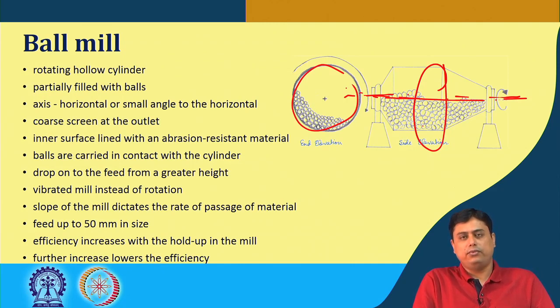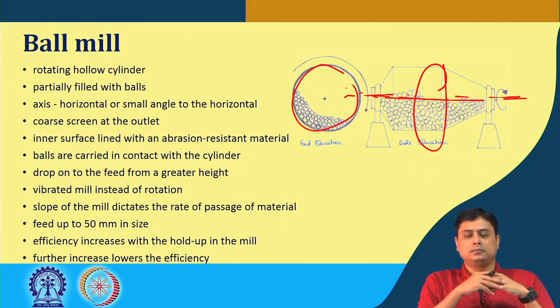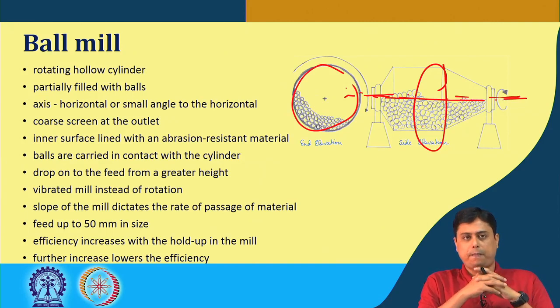That means the feed that comes in fills completely the void space created in between the balls. That is the hold up. The void space is created by the random positions of the balls that are already there in the mill. So, if the feed can occupy those positions effectively, then this works in the most efficient way.